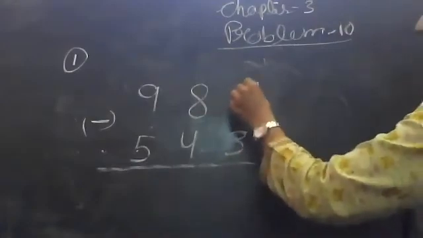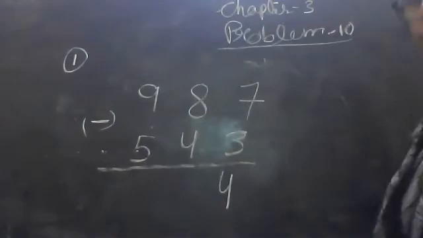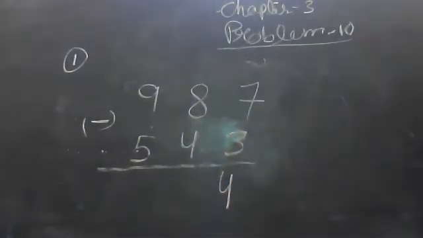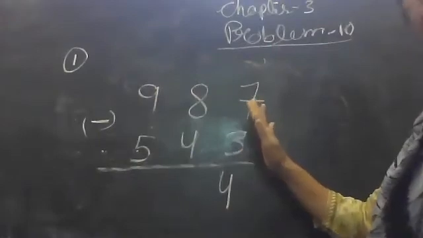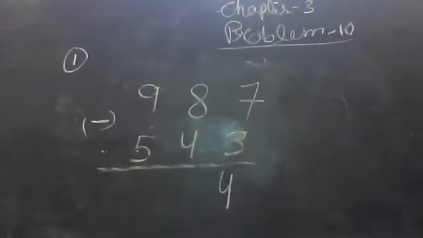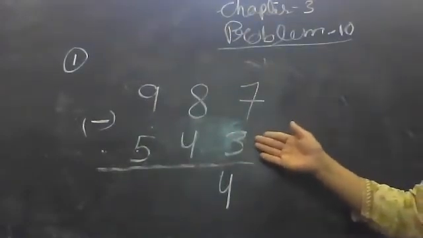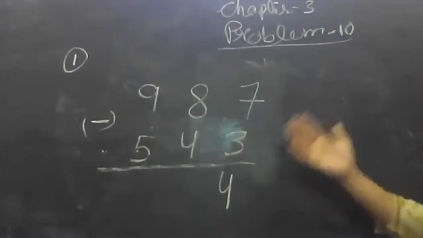Now you see here 7 minus 3 is 4, because 7 is the big number and 3 is small. Without borrowing we are doing this sum. 7 is big so 3 is small. Yes, we can subtract number 3 from number 7.